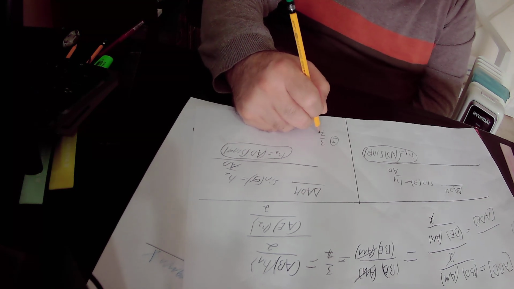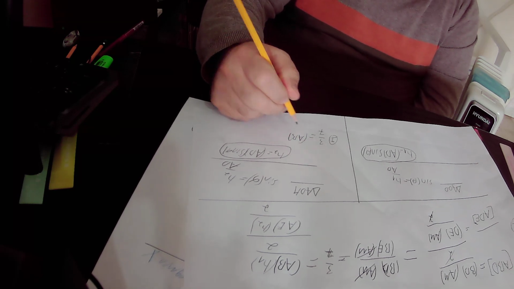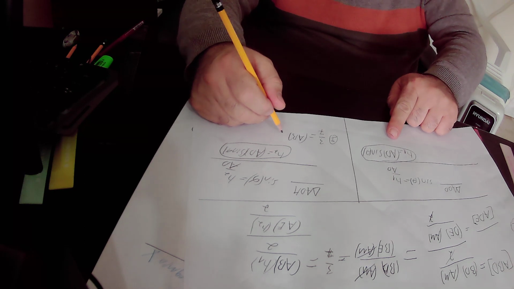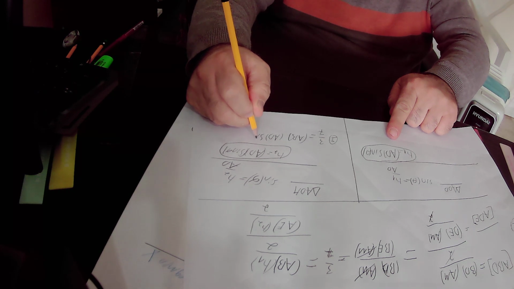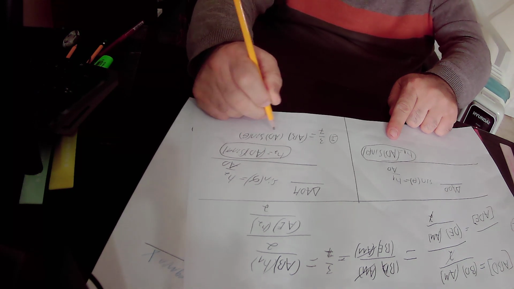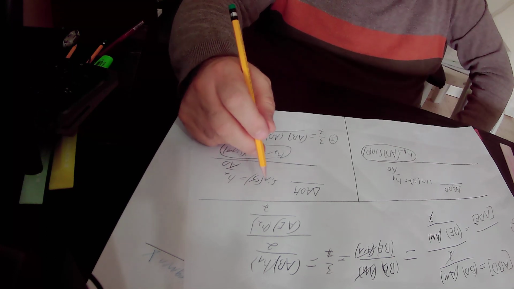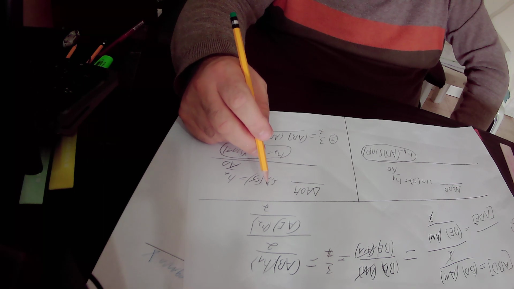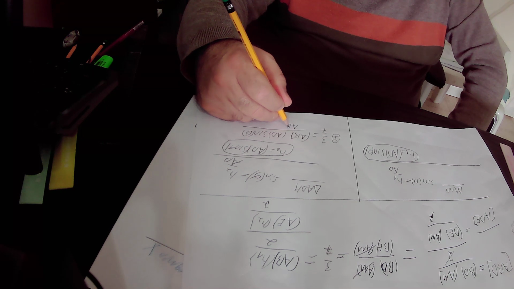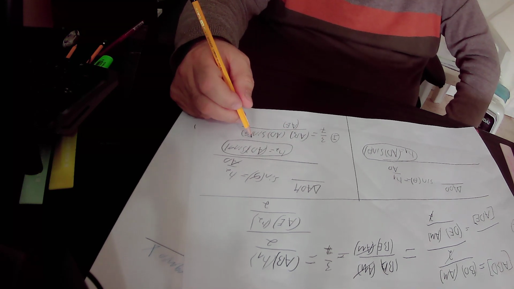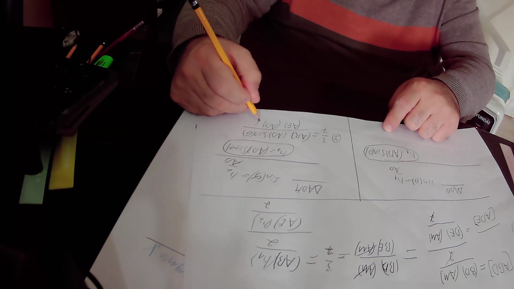3 over 7 equals AB times edge 1, and we already found that edge 1 equals AD times sine theta, over AE times edge 2, and we already found that edge 2 equals AD times sine alpha.